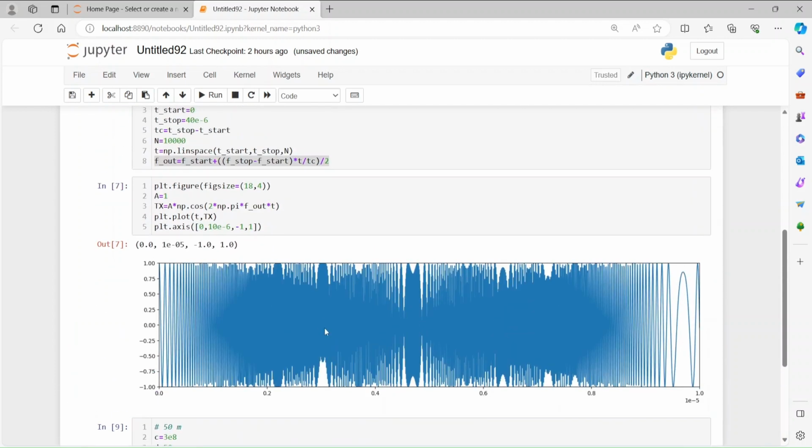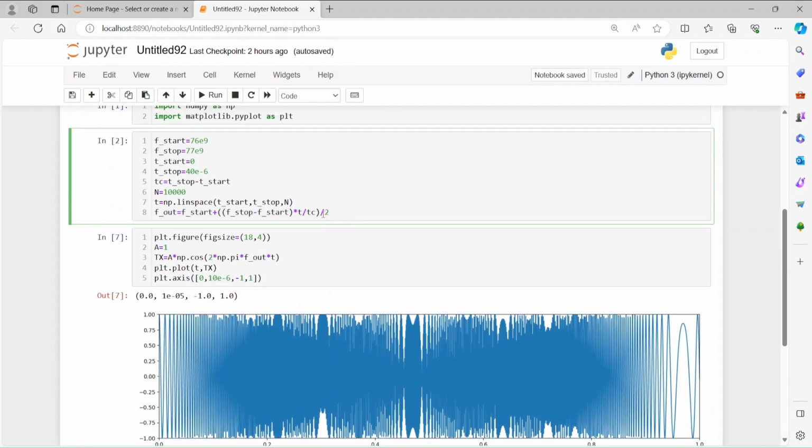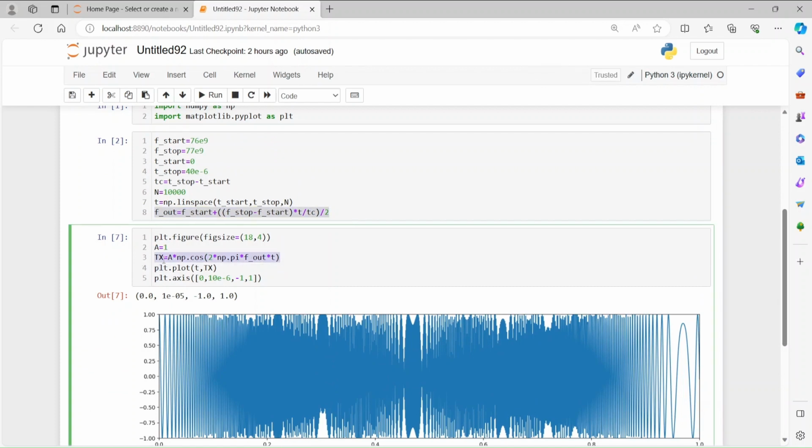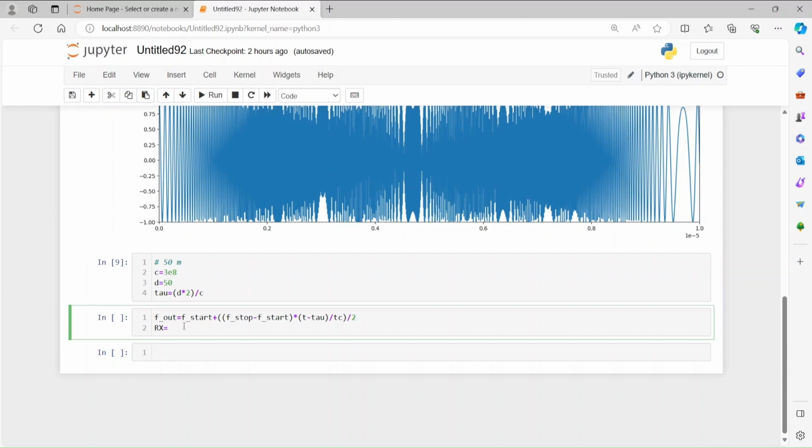Then we copy the transmit signal tx equation and paste it here. It's the same equation, but the frequency is going to be replaced.